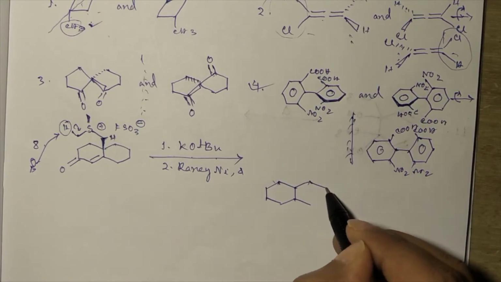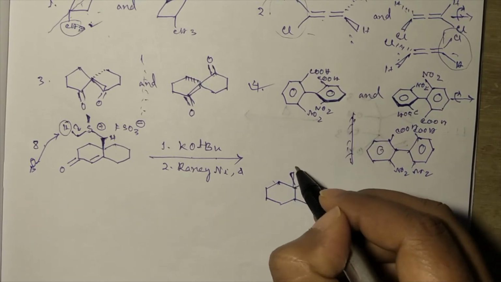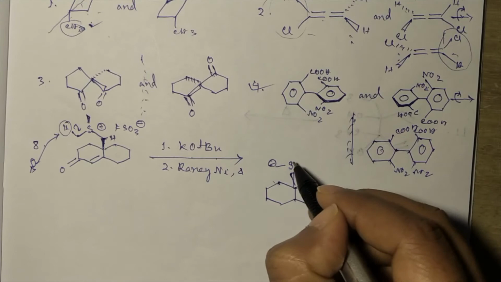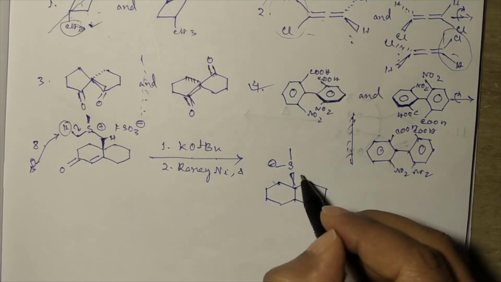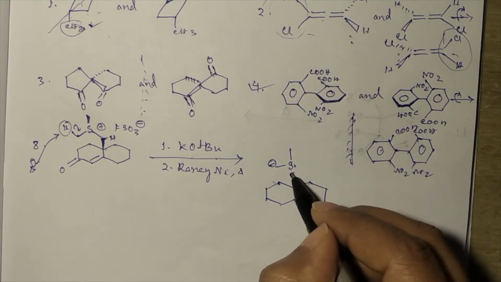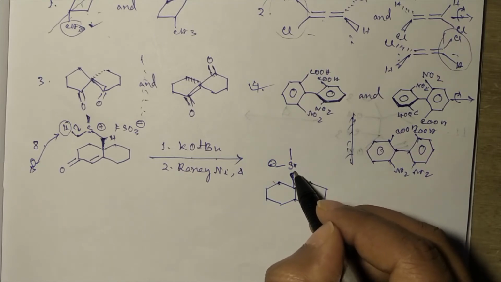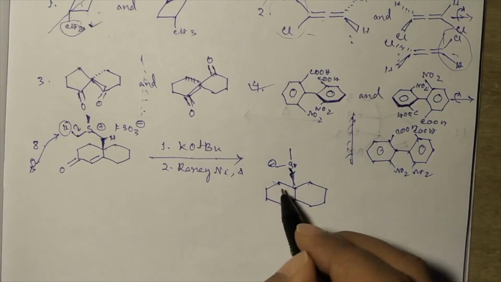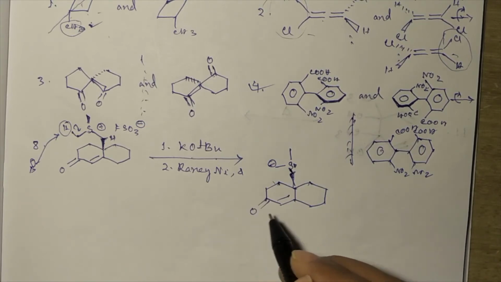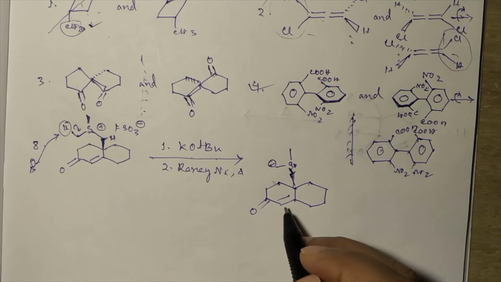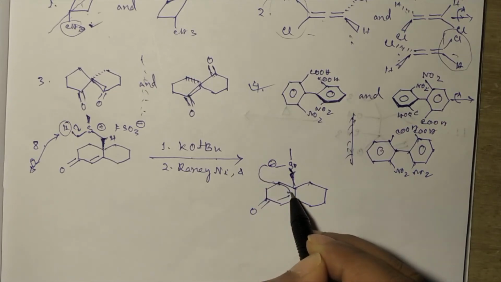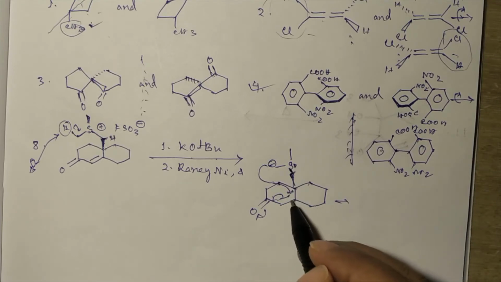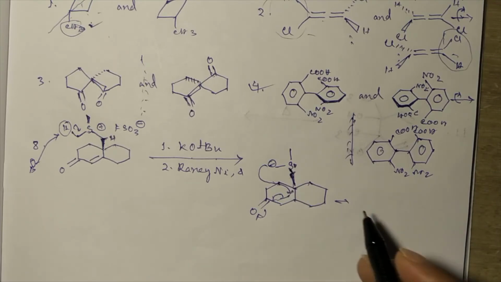So here will be a minus charge, here will be a carbon. Now there will be a 1,4 addition reaction here, so it will attack into this carbon, and it will come from above the plane, because this is above the plane.